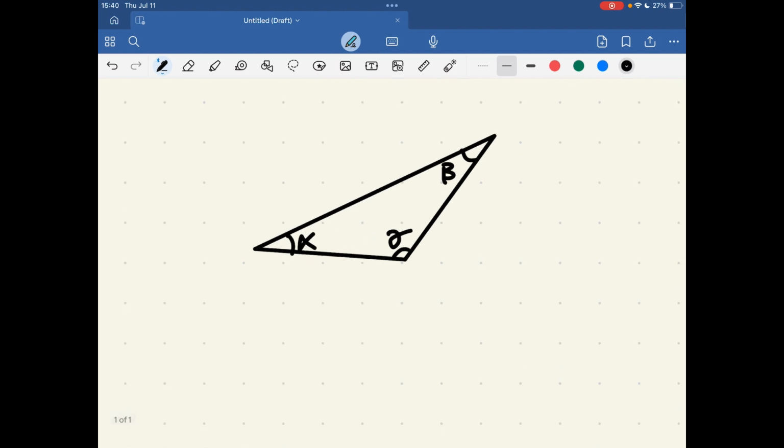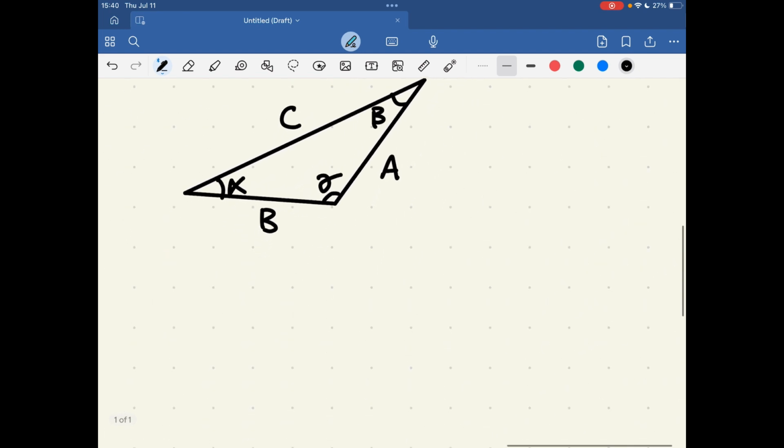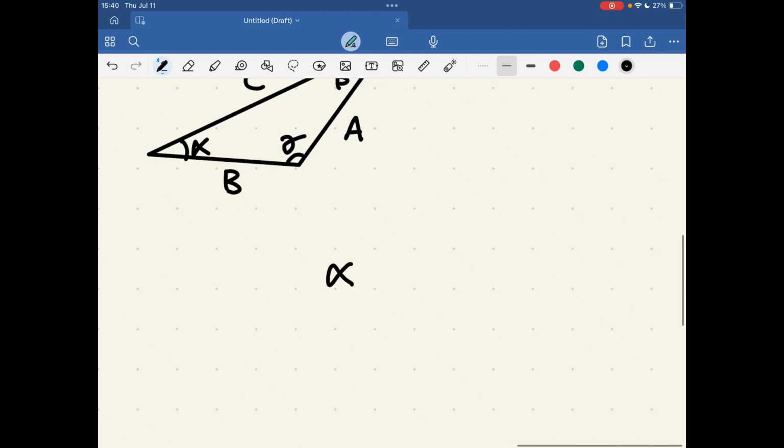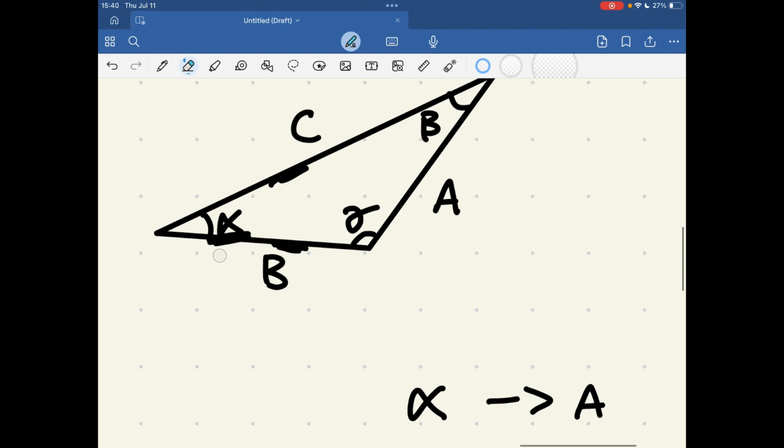Now, let's call this side C, this side B, and this side A. Now, which angle corresponds with which side? Alpha corresponds to A, right? Because alpha opens up these two sides and it gives you the side of A. You can do the same with the other two angles and the other two sides.